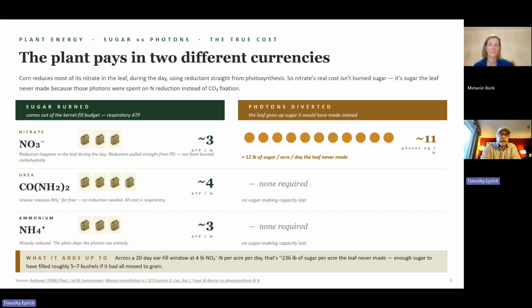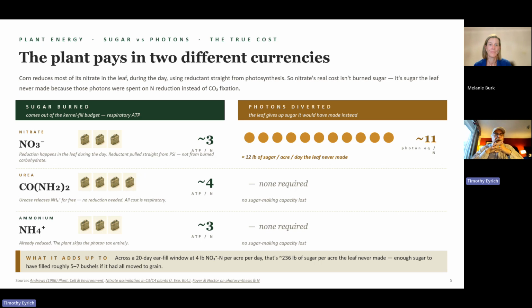One of the models I put this through, a plant growth model for corn, says it could be anywhere from 5 to 12 bushels per acre of lost sugar when the plant has to convert nitrate. So the important thing is that you have a management tool that mitigates that loss in N-Gear.